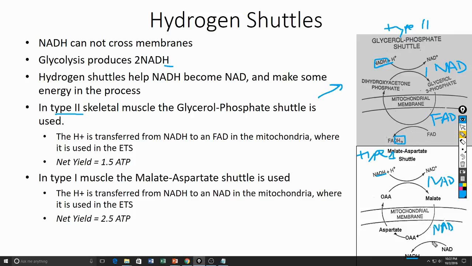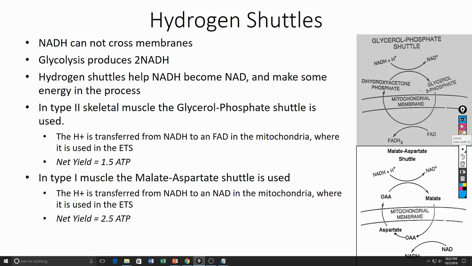Now, the relevance of this. If you go back and look at the equations for the electron transport system, which we saw a second ago, NADs are worth approximately 2.5 ATP per. FADs are worth approximately 1.5 ATP per. So, in a type 2 muscle fiber, if we're using those hydrogen shuttles, we're actually losing 1 ATP. This is per hydrogen being shuttled. The reason is we're going from NAD to FAD, right?